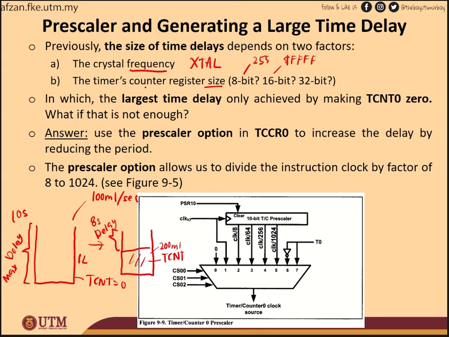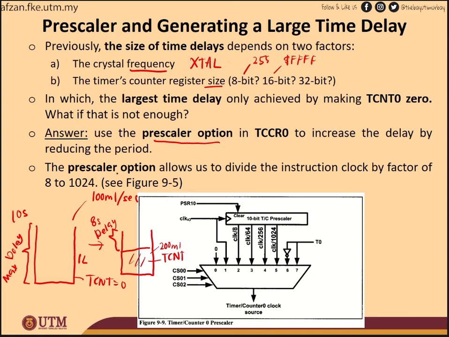So let's say you already put TCNT equal to 0, and what if that delay is not enough? What are you going to use? In this case, we are going to use the prescaler option to increase the delay by reducing the frequency.